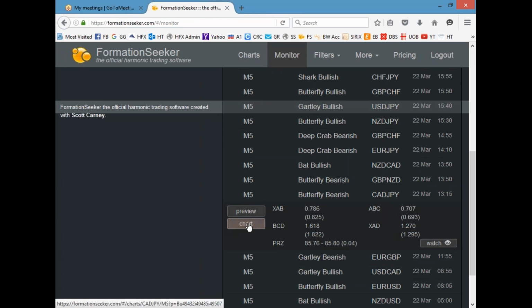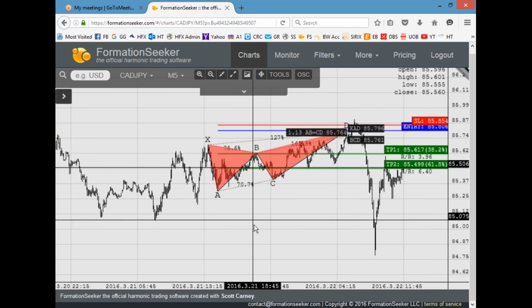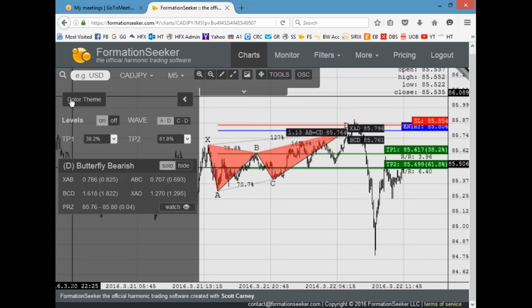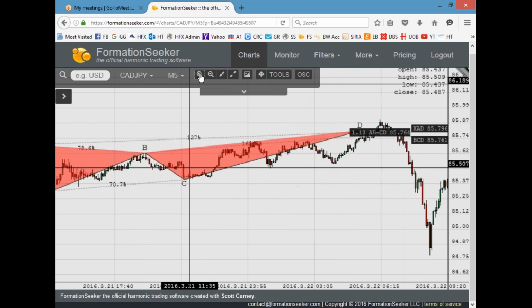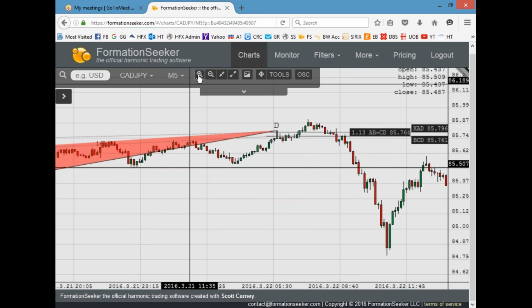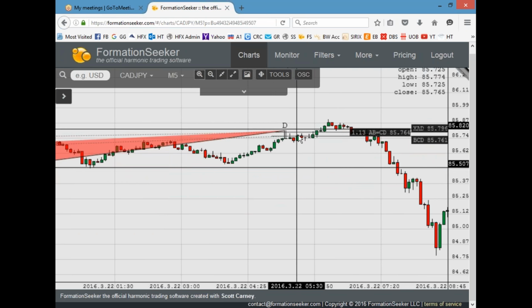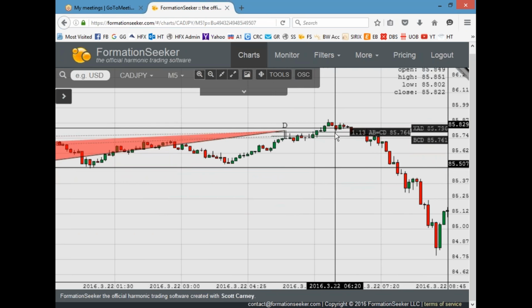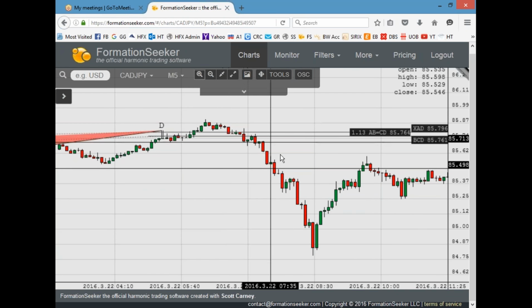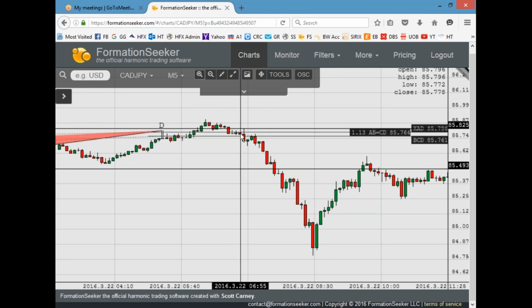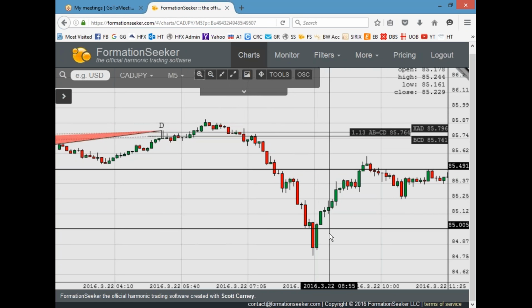So how about this? Okay, let's look at this guy. So you can see this hit somewhere here, and then there was a bit of consolidation. Later on I'll take you through how to do an execution on this, but you can see that there was a sharp reaction at this level on a 5-minute chart.